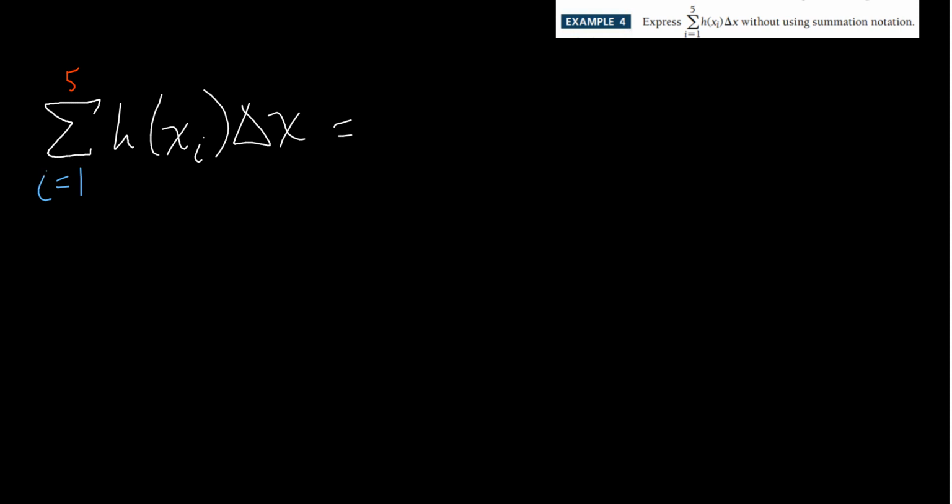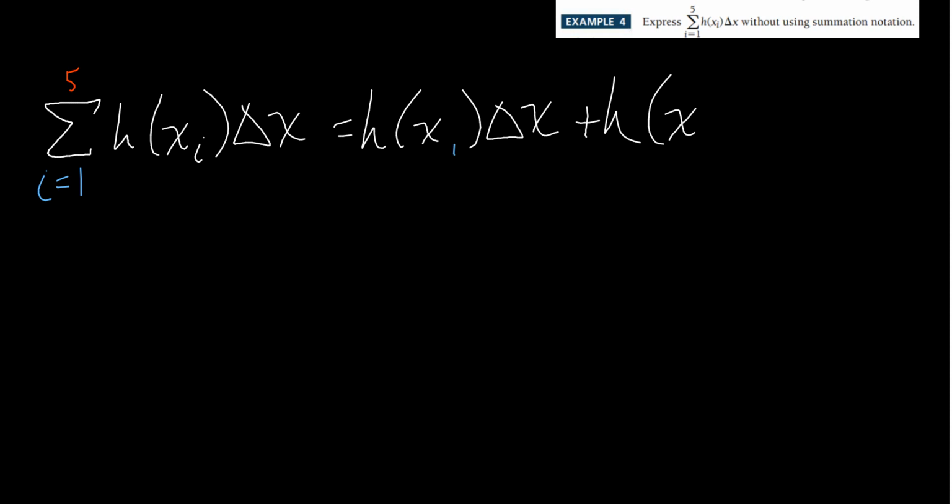So we write all this, except we change the i into a 1. So we say h of x sub 1 delta x, and then plus h of x sub 2 delta x, and so on.